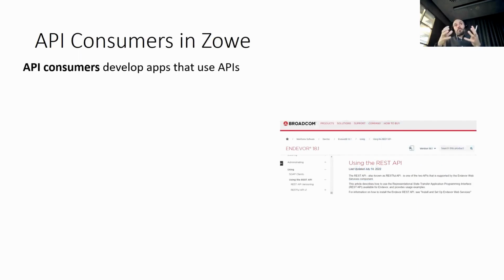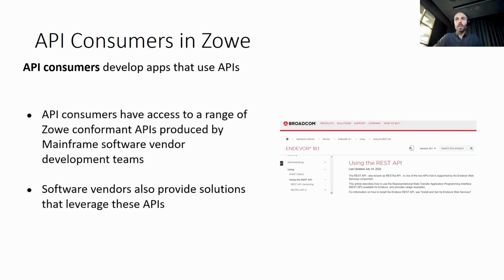The other group of the two groups is the API consumers. They're looking to consume APIs to build or optimize internal applications within their organization. So if you're a vendor like Broadcom or IBM, you're building out a catalog of Zowe conformant APIs for your solutions.